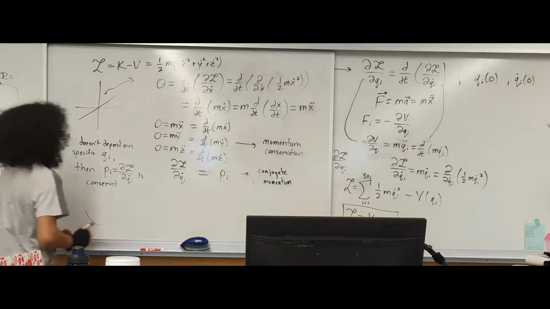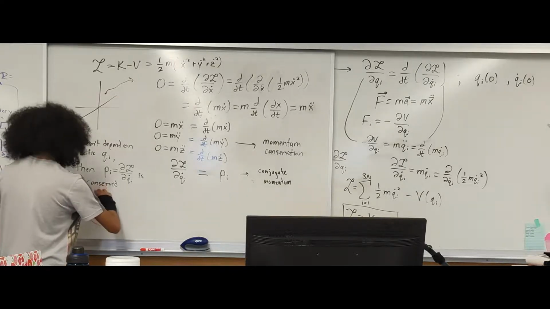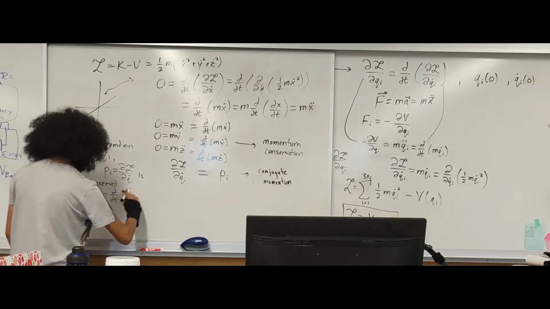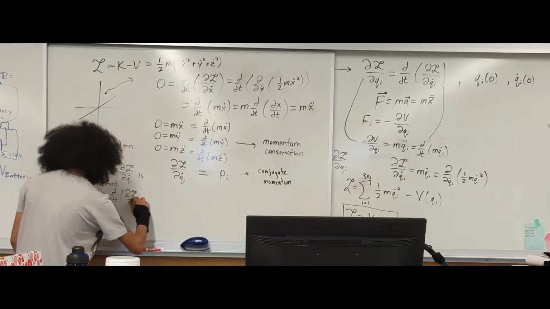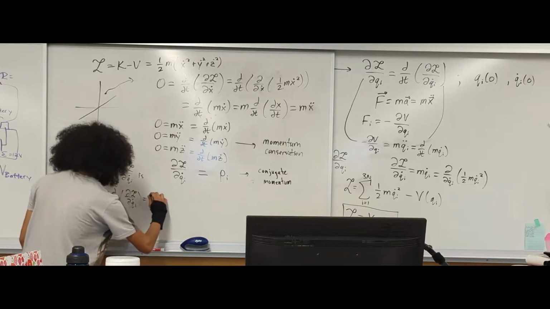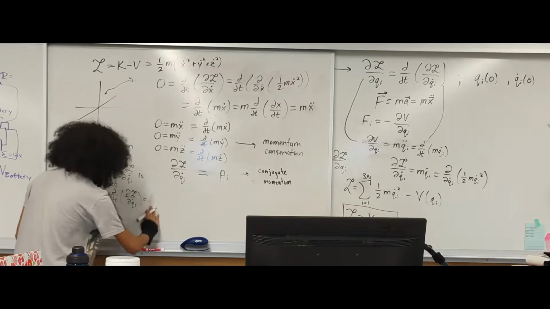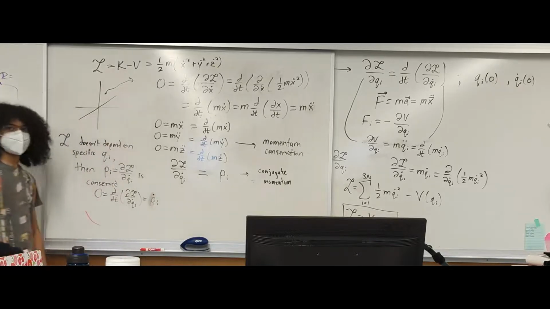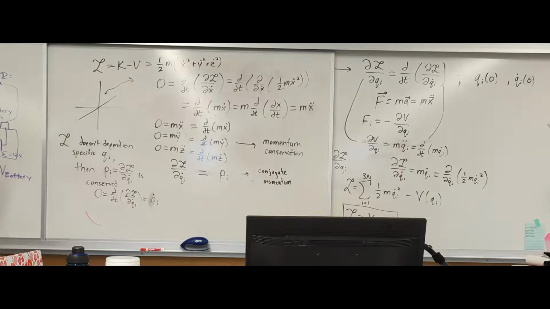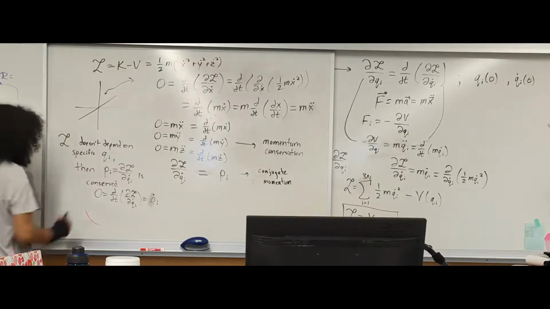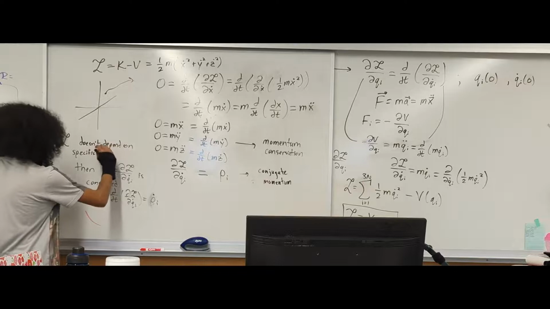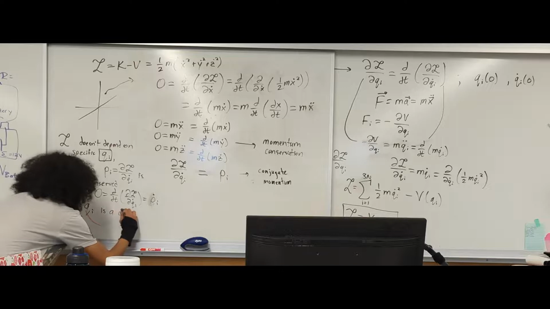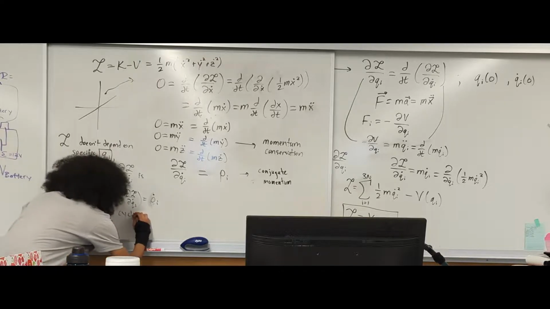Okay. So the equation of motion that we get is this, which we can just write as p_i dot. So p_i dot equals 0. When this happens for a q_i, we say that this q_i is a cyclic coordinate.